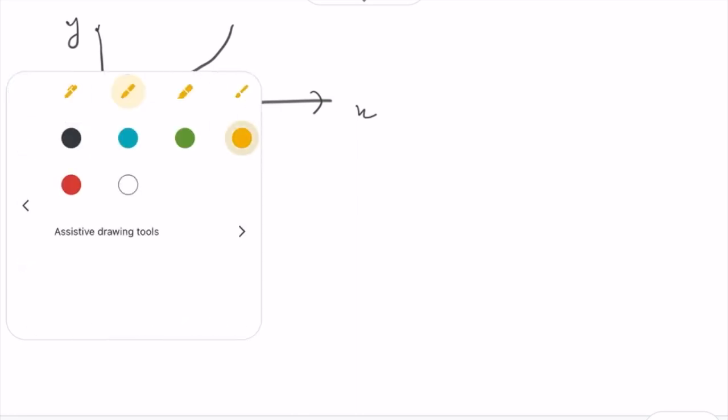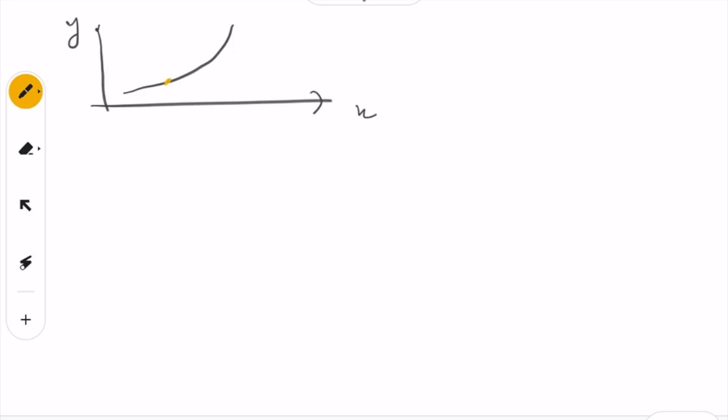Let's say you have x here, y here, and this is the beam, how it is going like this. We can see this is the initial point, this is the final point.